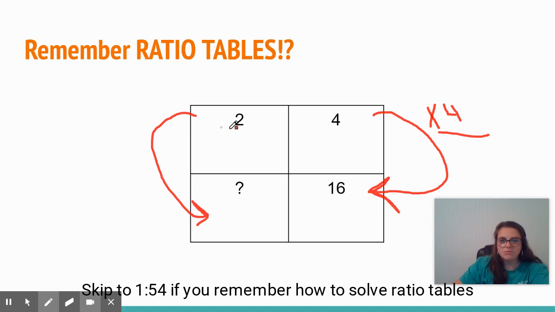So what do I need to multiply 2 by? I need to do 2 times 4. All right, and 2 times 4 gives me, anybody know it? It gives me 8. Okay, so then I just filled in my ratio table, 4 and 16, 2 and 8, or 2 compared to 4, and 8 compared to 16.